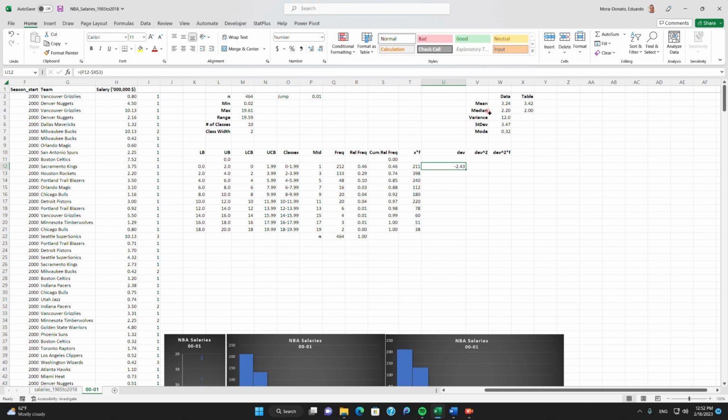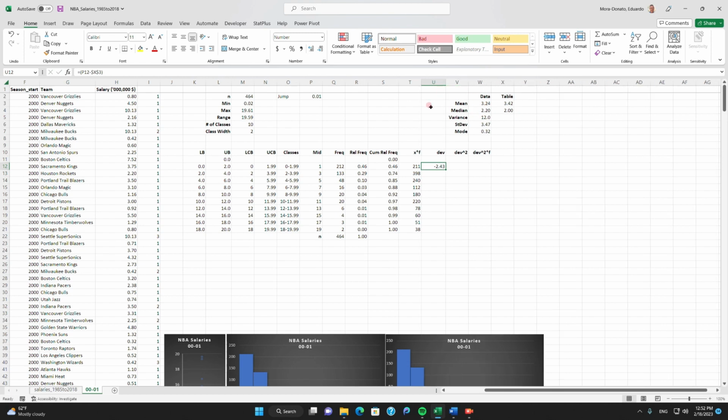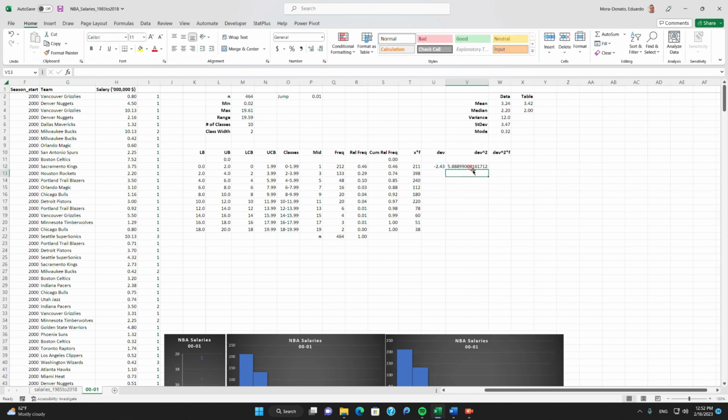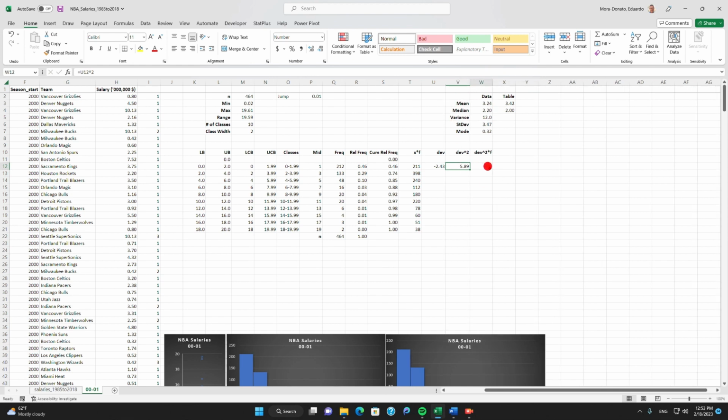Okay, so that's the value with many decimal places. I only need 1 or 2. Then I square that value. Many decimal places, I don't need that many. And then I calculate the squared deviations times the frequency. Very good.